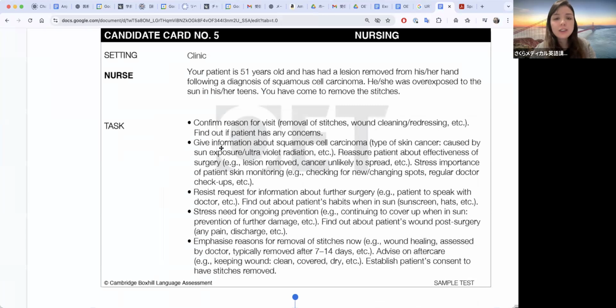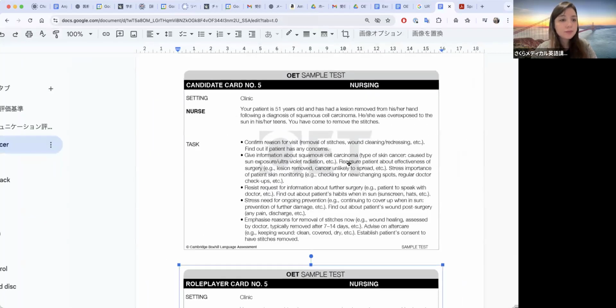Okay, I'd like to give you some information about squamous cell carcinoma. The request, I think this is a bit hard to signpost. I'd like to emphasize why it's important to remove your stitches now. So a lot of these first bits can be used for signposting. The bits before the brackets can be used for signposting.